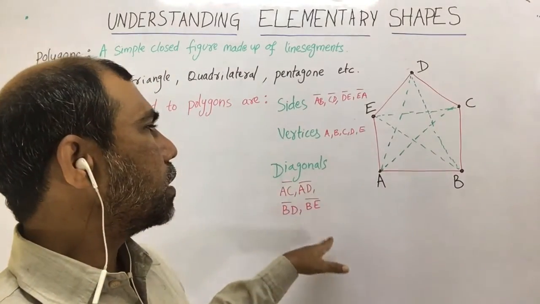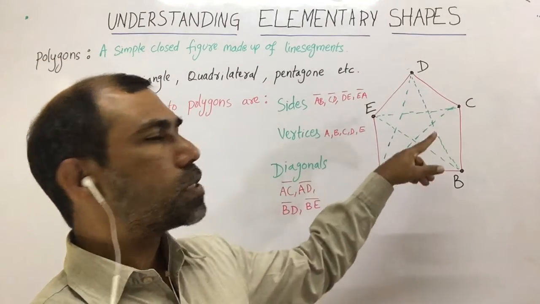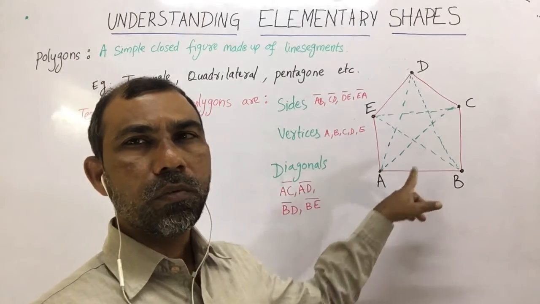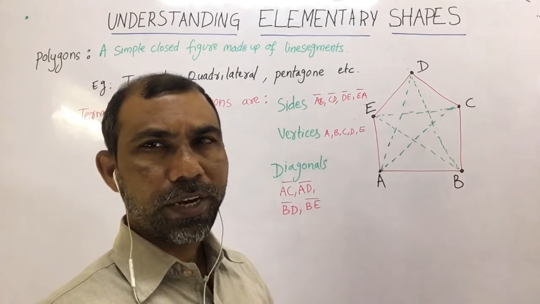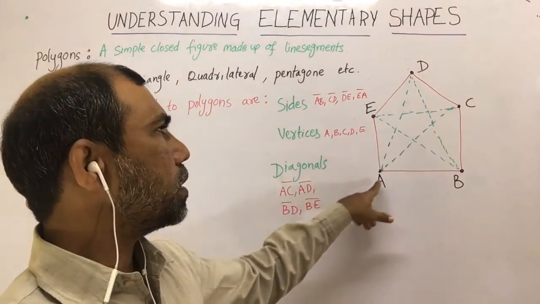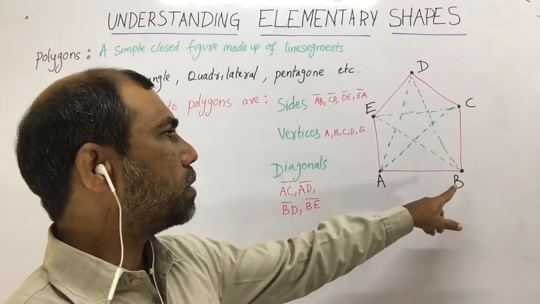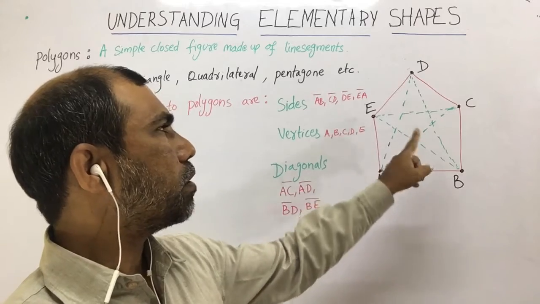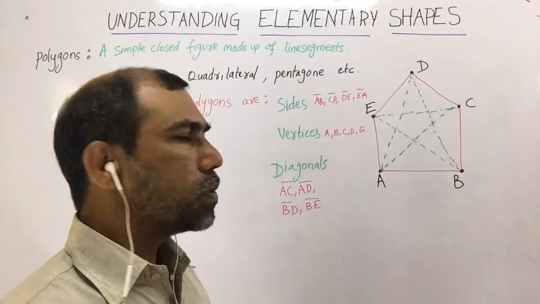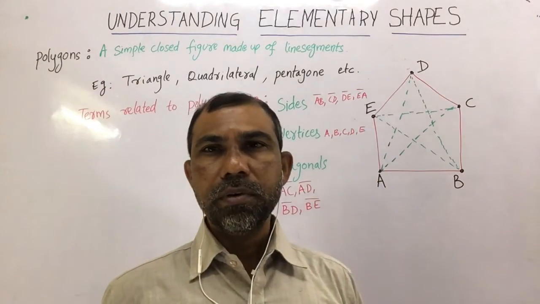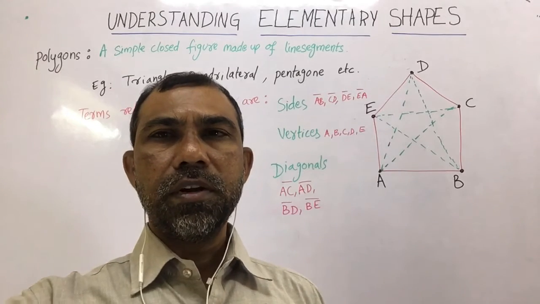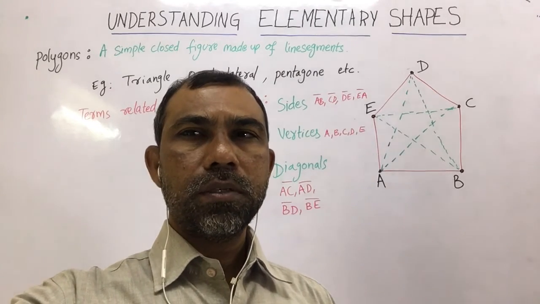And a diagonal is the segment which joins a point to its opposite vertex. For example, here AC, AD are the diagonals. Similarly, BE, BD also are the diagonals. We can have a different number of diagonals for different types of polygons.